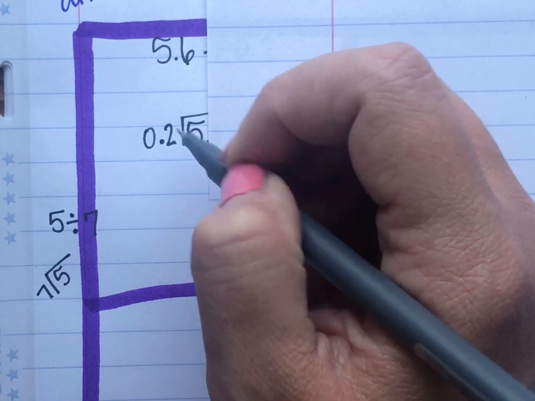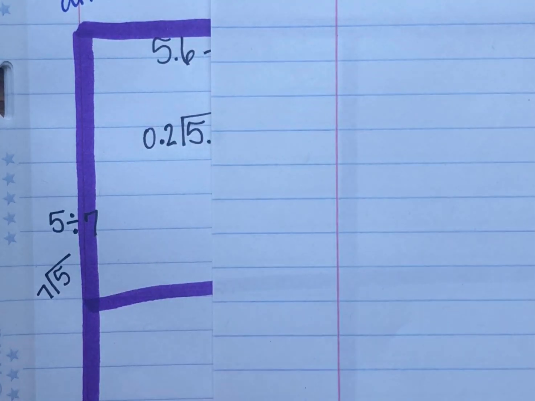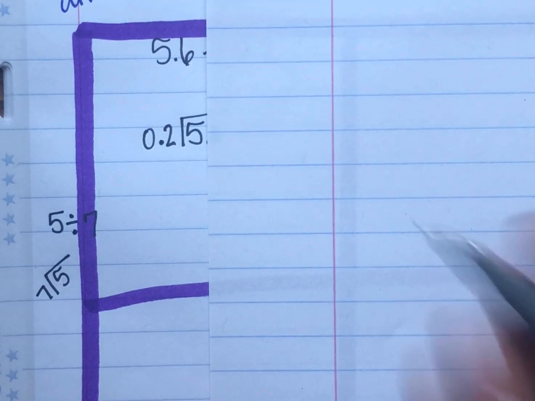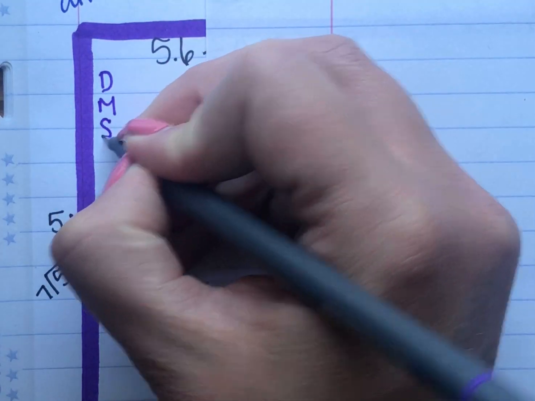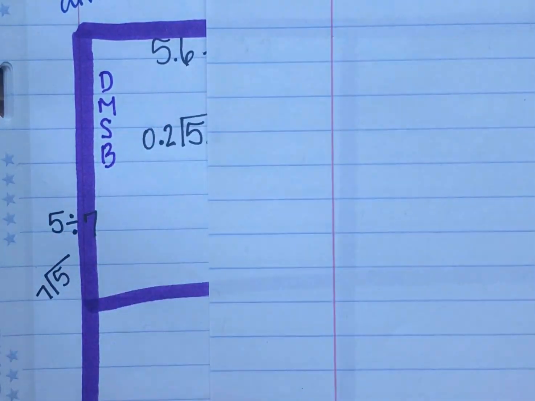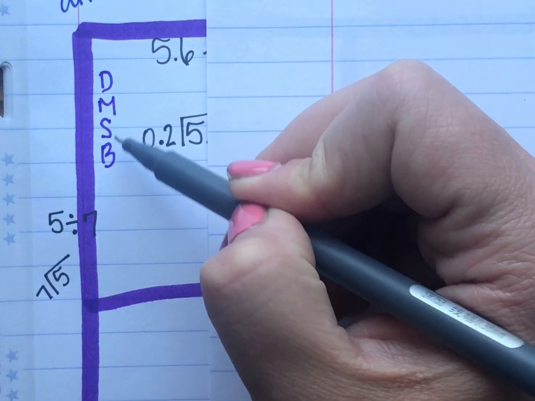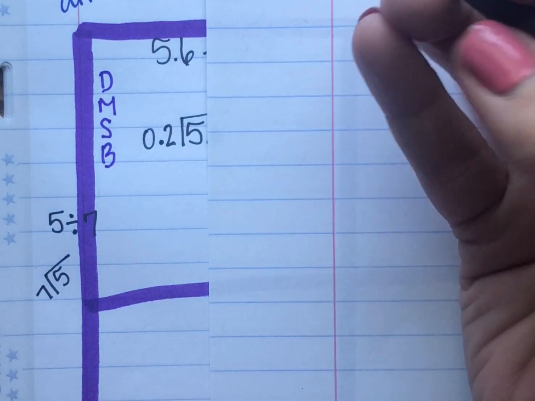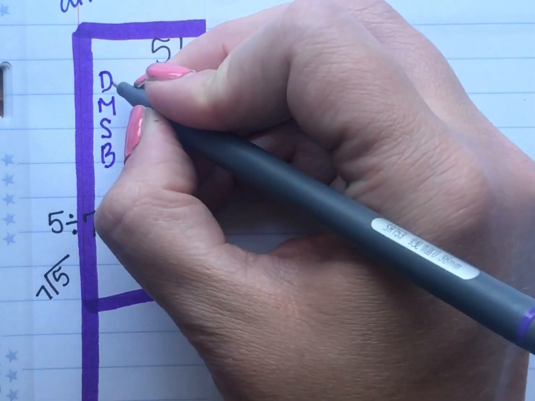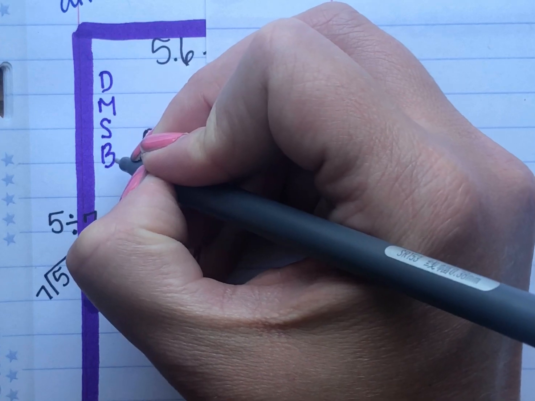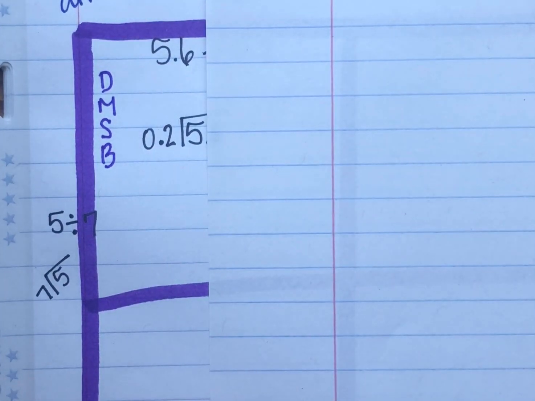The whole preface with division, if you haven't done it in a while or if you just need a reminder, is divide, multiply, subtract, bring down. One of my classes last year, I know it used to be dead monkeys smell bad. One of my classes last year came up with does McDonald's sell burgers? So divide, multiply, subtract, bring down. So we're going to do that.